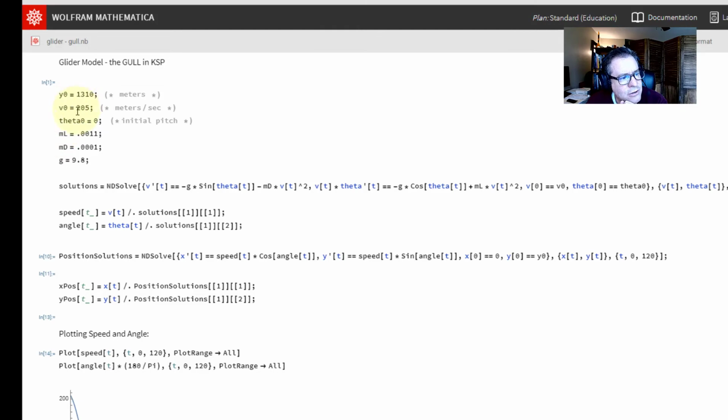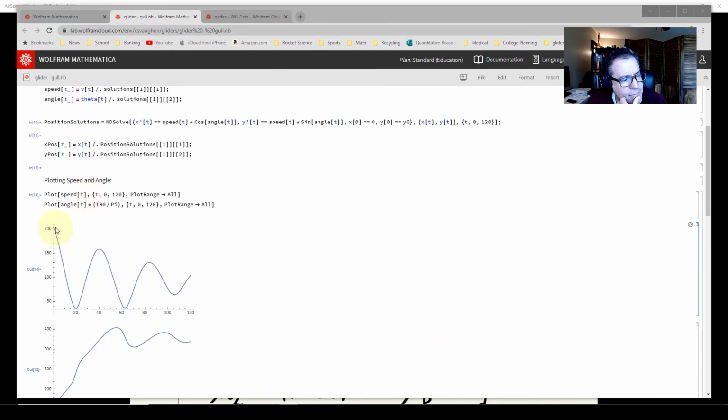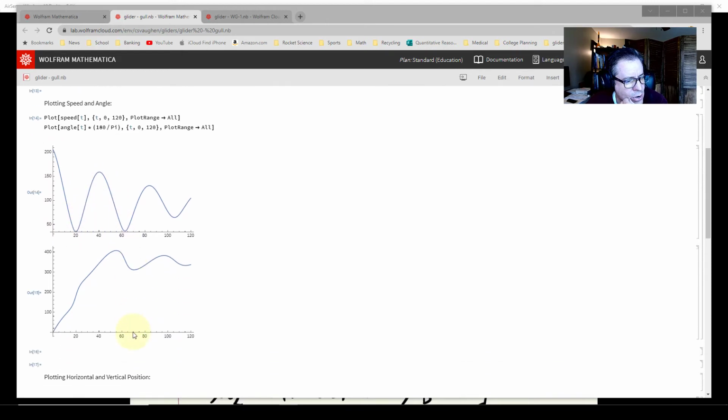So with that altitude and that speed and the same lift constant and drag constant, I've got the speed dropping off to maybe around 40 and then picking up again. What I'm seeing here is the angle goes past 360 degrees and then begins to oscillate. In the way that it's solving the system here, once it passed 360, it just uses an angle greater than 360 as you go above and below 360.